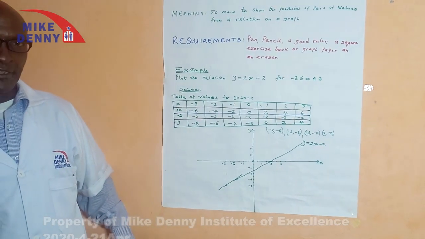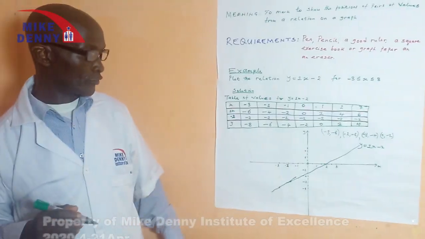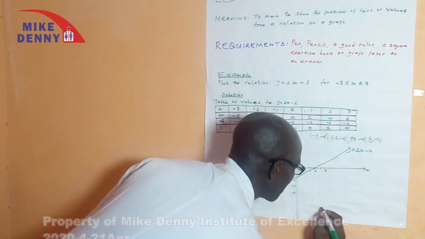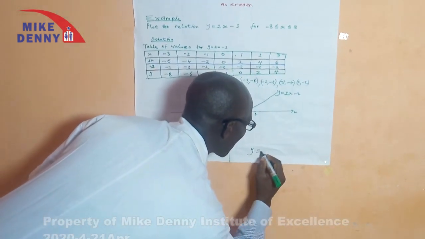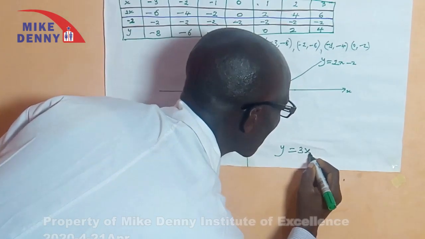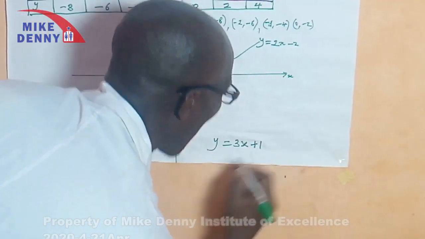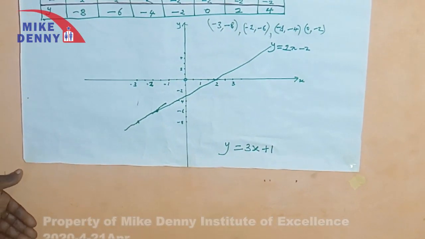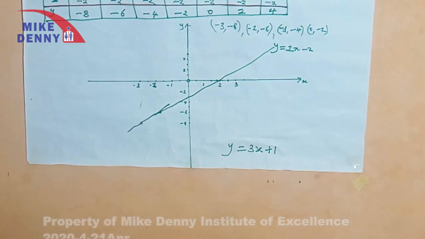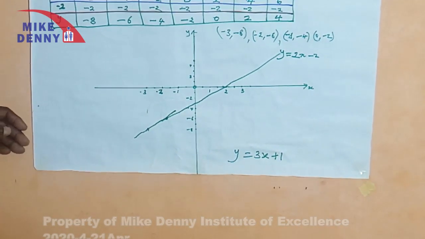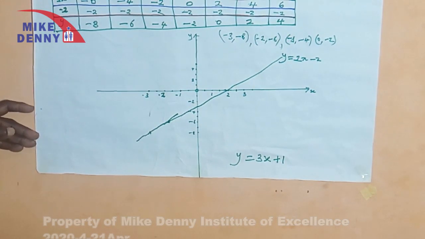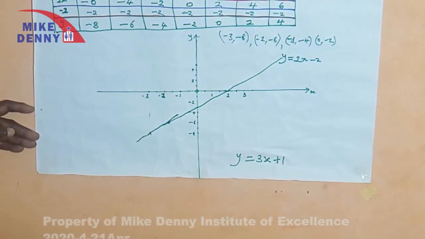Then as an assignment, you are going to plot the relations for y equals 3x plus 1. You will do that exercise and then again find out where it meets the x and the y-axis. So you do that for the next class.